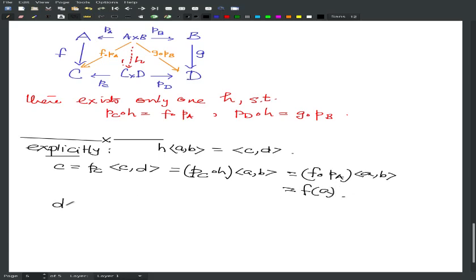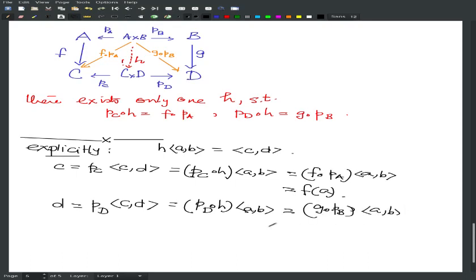And similarly D is PD of CD, so this is PD of H of AB. This is PD composed H, which is G composed PB of AB.